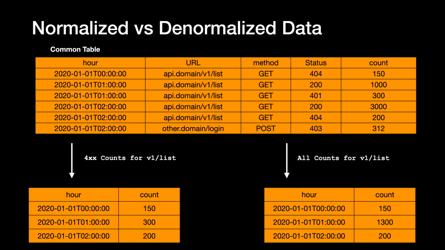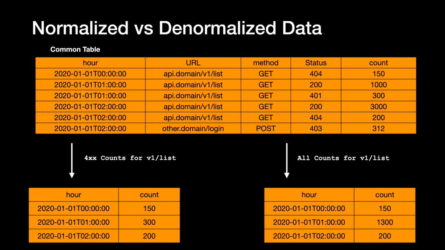If you don't have data duplication, you don't have to worry about consistency, and you minimize the amount of storage that you have. You just write things once if you can get away with it. And your approach is typically that you have a single common table, or as few tables as possible, and those can answer as many queries as you can.